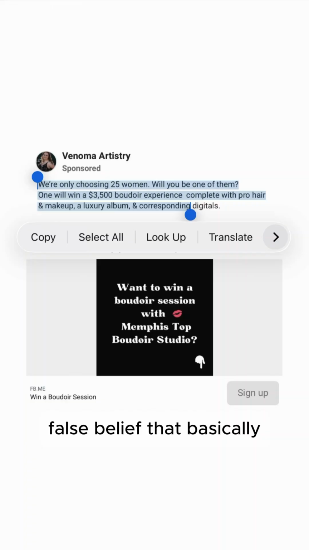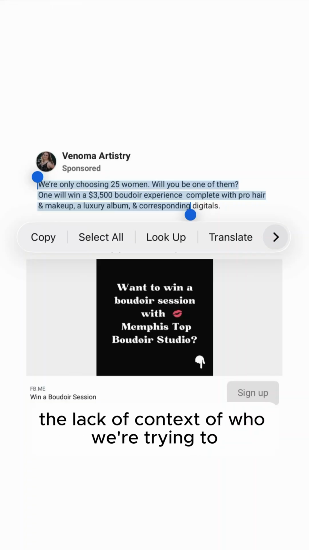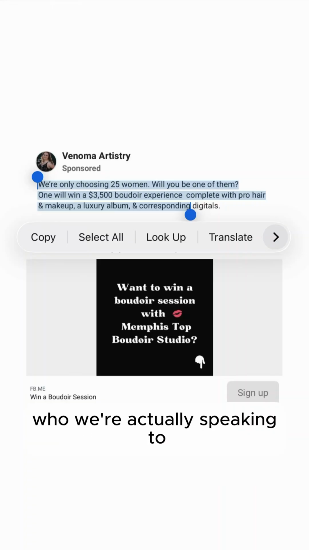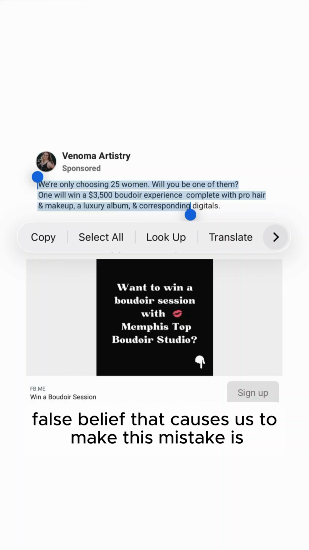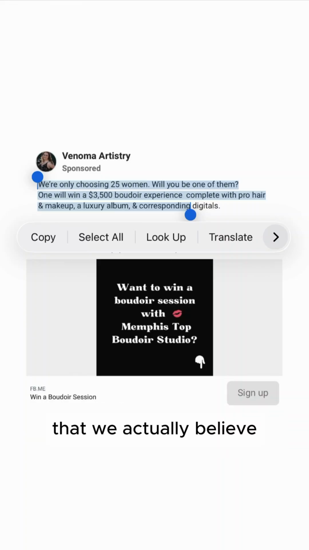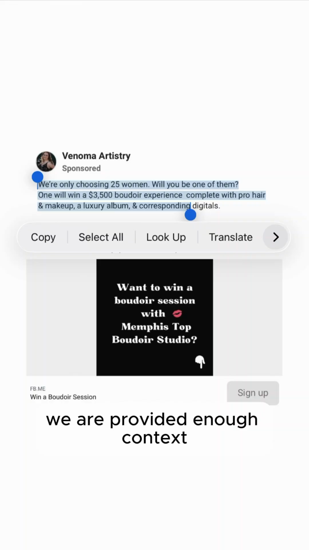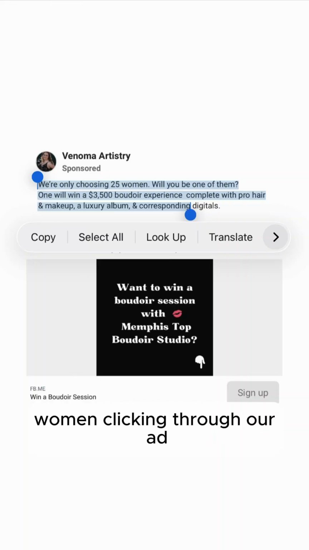The false belief that caused us to make this mistake is that we believe we are providing enough context to maximize the amount of correct women clicking somewhere on our ad, getting our ad into their brain.